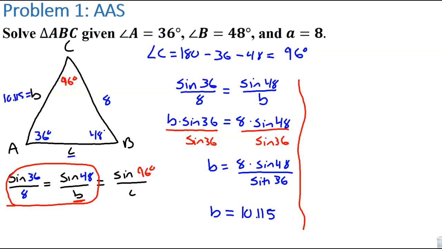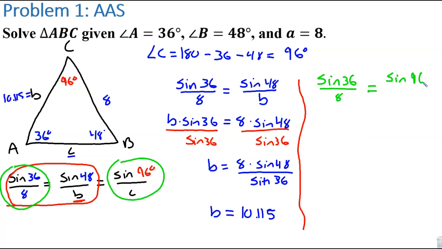Okay, so for this one, we'll do a different color here. I'm going to go with the sine A over A equals sine C over C. So I'm going to set up that sine of 36 over 8. Once again, I'm going to use that same proportion. Is equal to sine of 96 over C. Then once again, we'll cross multiply.